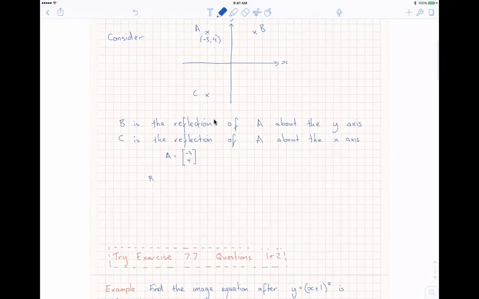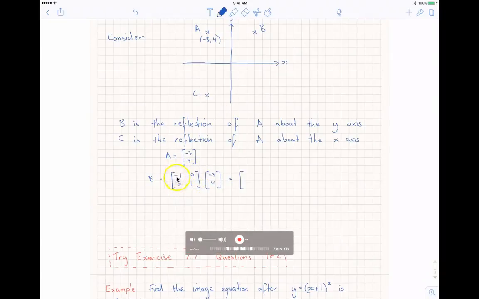To find point B, it's a reflection about the y-axis. So we use My, which is [-1, 0; 0, 1], times our A. Multiplying this top row by the column, we get minus 1 times minus 3, which is 3, and 0 times 4, which is 0.